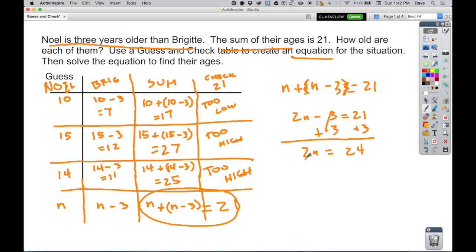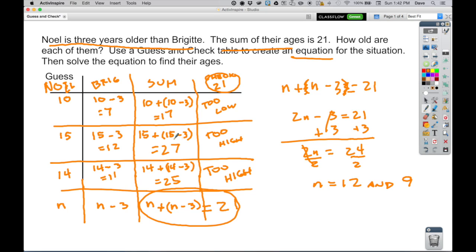Then the roadmap would tell us to divide by 2 to get rid of the multiply by 2. What I do to one side, I do to the other. And we get Noel's age is 12. Which means if we go back here, he's 12 and she would be 9. 12 plus 9 is 21, and everything checks out.